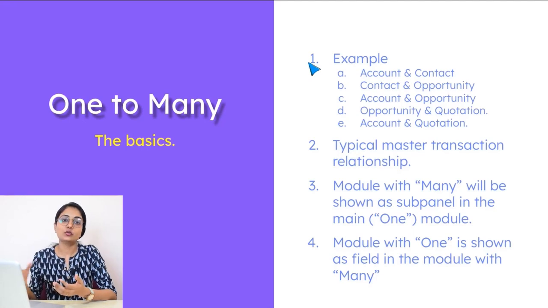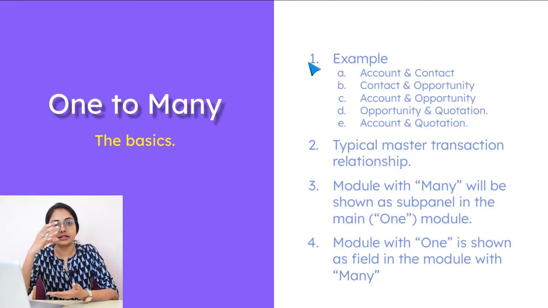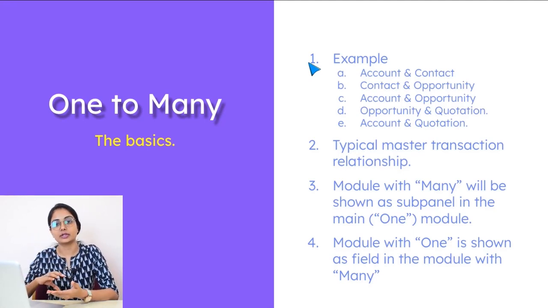I will also have a sub panel of quotations against NJ IT Solutions. There I will see the quotations increase as per how many times I prepared quotations and sent them to the customer. Similarly, there will be a sub panel for opportunities, leads and tickets, and for any of the transaction modules that are linked with your master module. This was all about how many behaves with one reference.